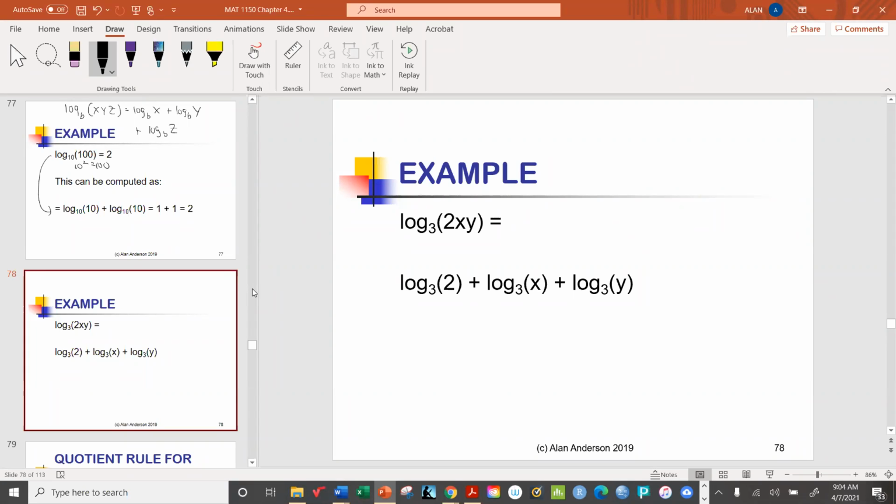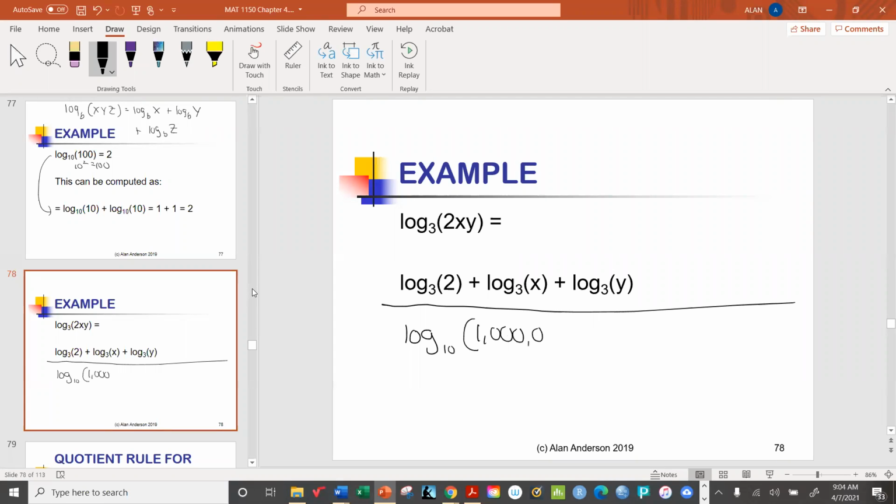Now, sometimes, again, this can be very useful for certain types of situations. Like suppose I had something like this. I have the log base 10 of 1 million. Now, I know that this is 6 because 10 to the 6th equals a million.